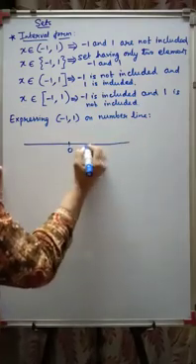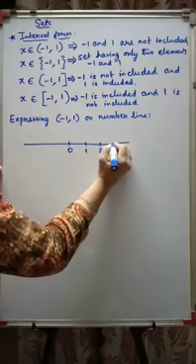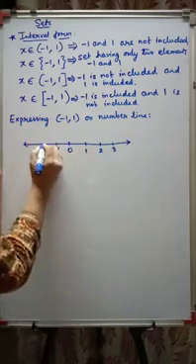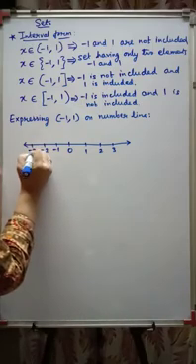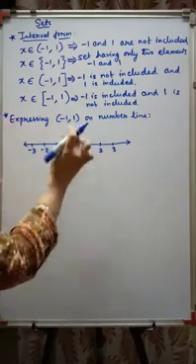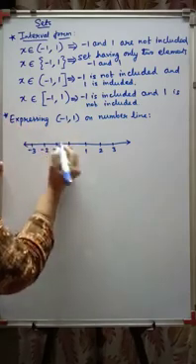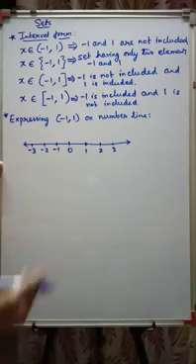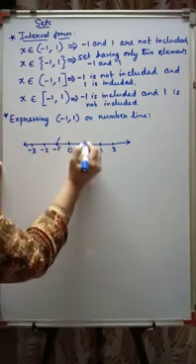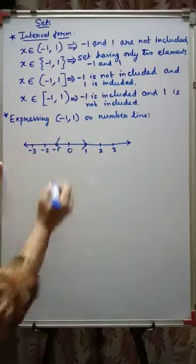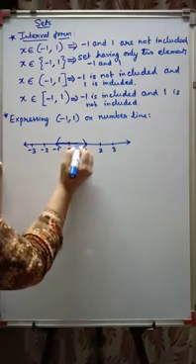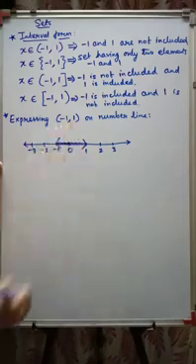I write 0, 1, 2, 3, and the same on this side, -1, -2, -3. -1 to 1 means -1 is here and 1 is here. These are not included, so here it is this bracket and this bracket. Only this will be the answer.